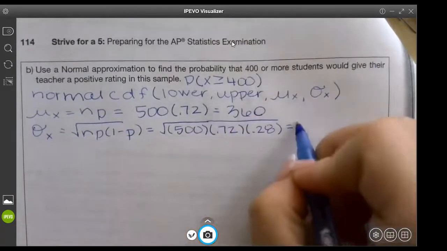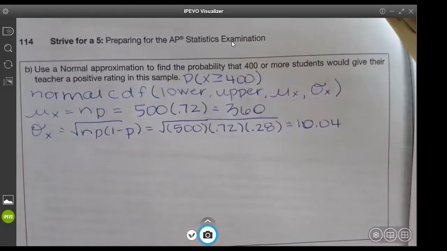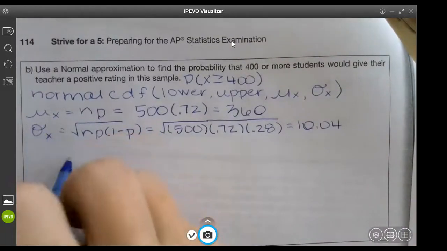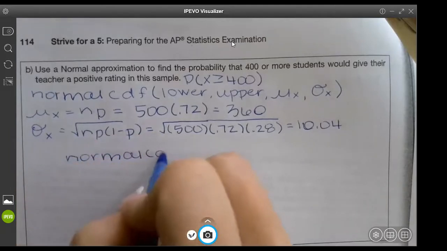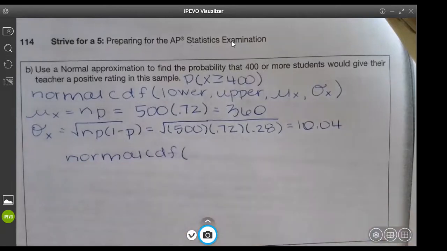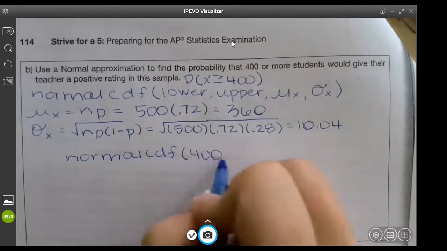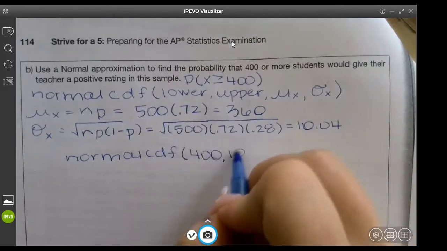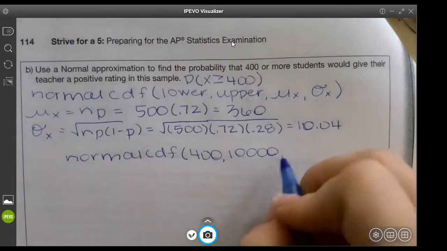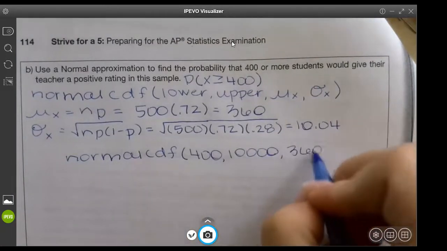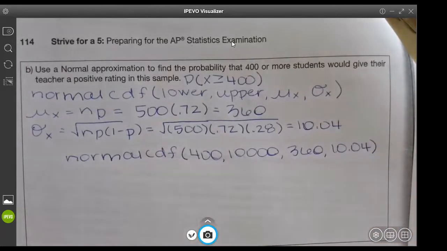Which gives you 10.04. Normal CDF. What's your lower? What's your upper? So we just used 10,000. We found out our mean was 360. Our standard deviation was 10.04.